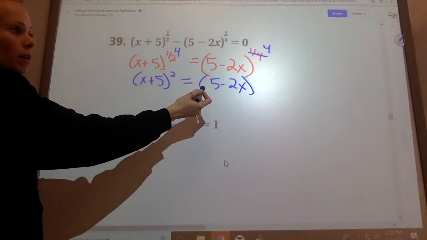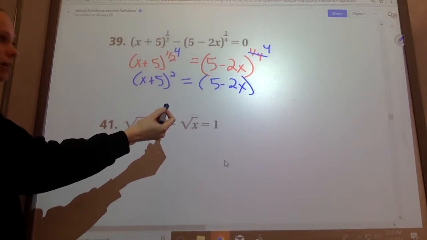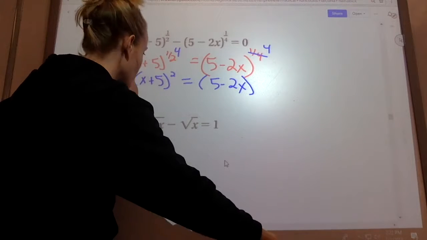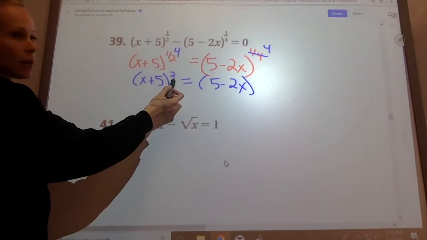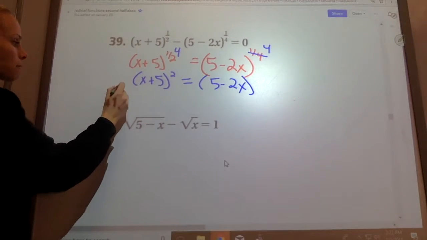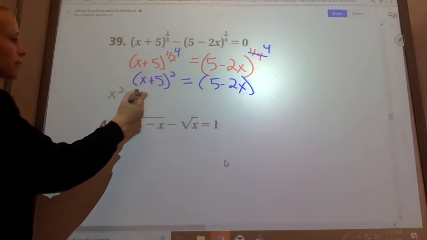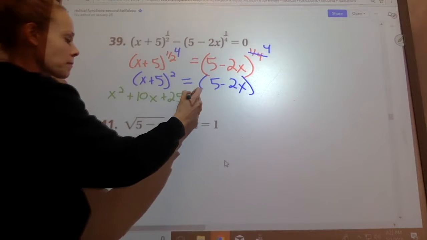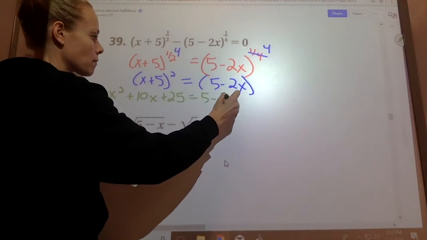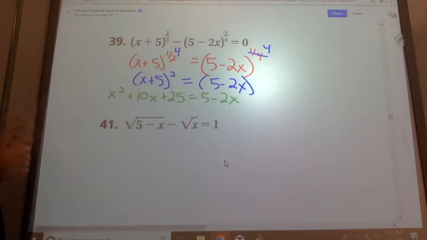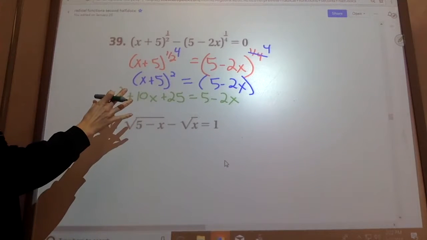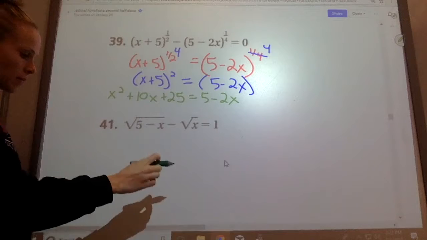Okay. It's going to be quadratic, but that's okay. I can do quadratics. So we need to break it down here. This is a binomial squared, so let's square the first. Take the first times second times 2. Square the last. And now we're kind of where we were in the beginning of class. I have a quadratic. I need to get all my terms on one side so I can factor it.